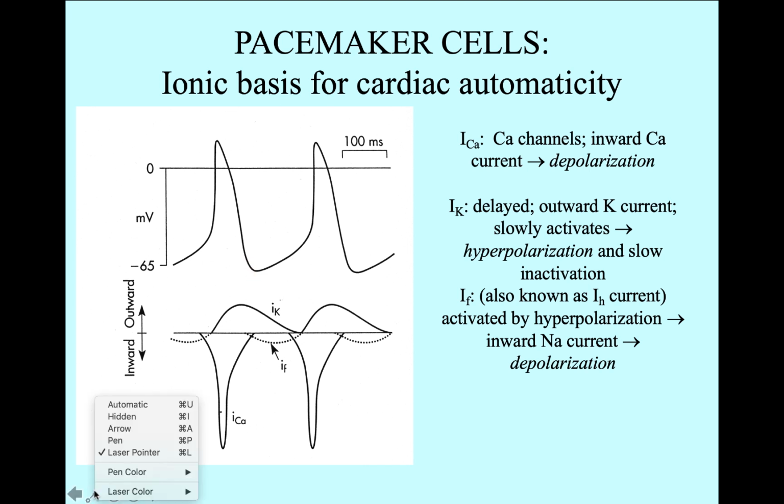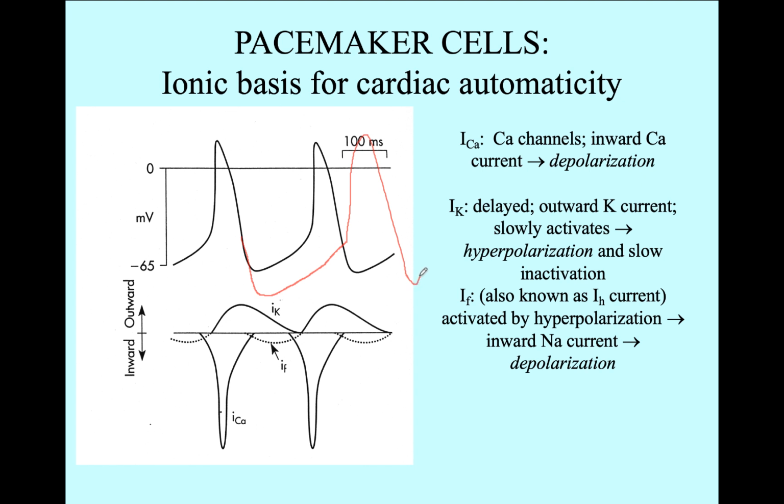And if we hyperpolarize even farther down, is it going to take us a longer time or a shorter time to reach the next action potential? Well, it's going to take us longer because we're even more negative now. So it takes more time to reach the threshold and shoot off an action potential.